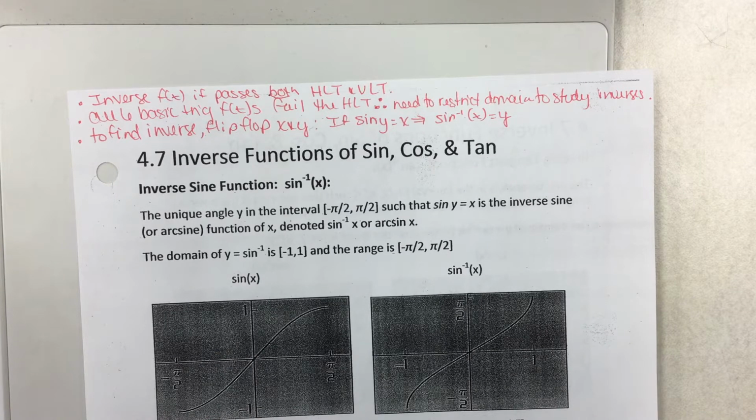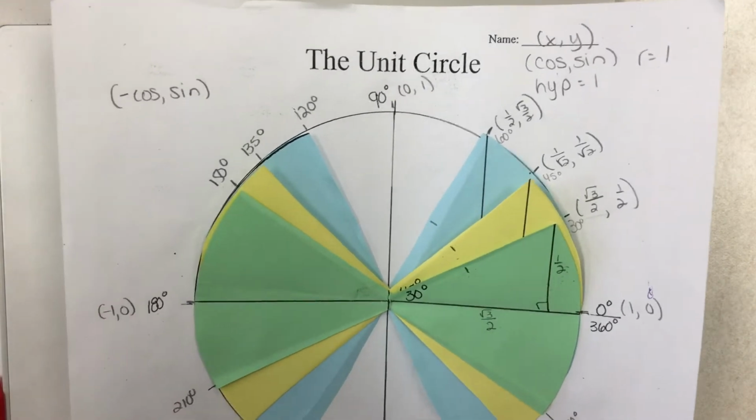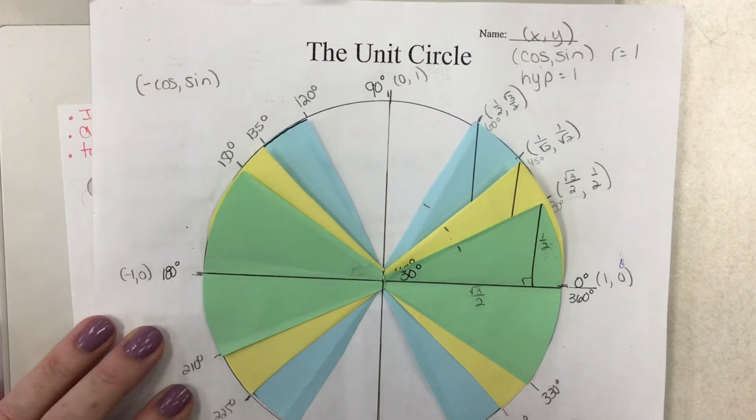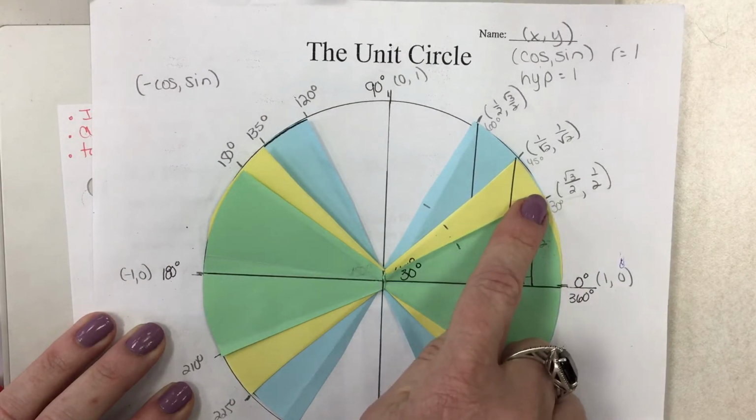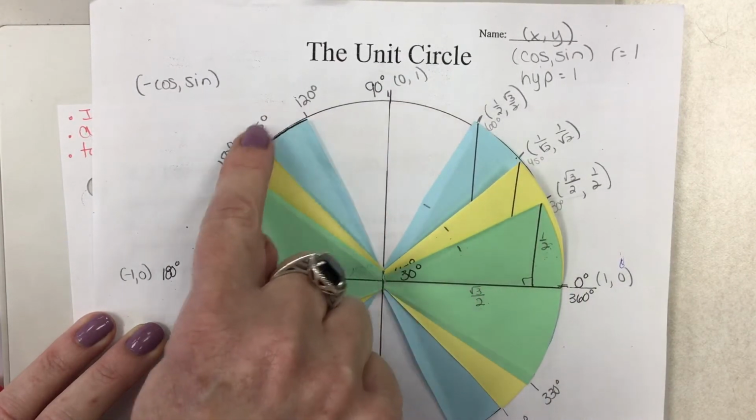Okay, so here's what's going to happen. If you were in an Algebra 2 class last year that did a spaghetti activity, and you had a unit circle with a string around it, and then you marked off on the string all the angle measurements.